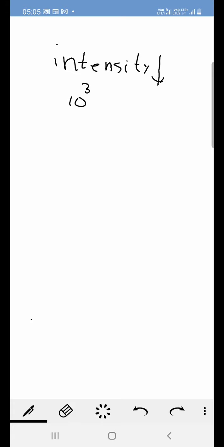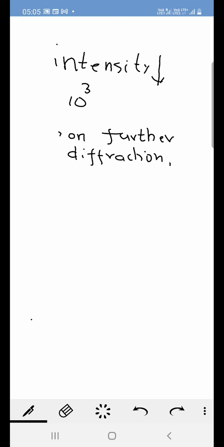And by further diffraction by the sample, the beam is quite weak, and on further diffraction, the final beam is quite weak.